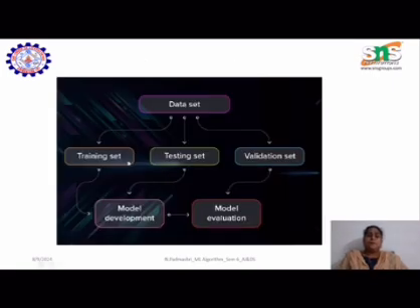For example, here in the picture you can see the data set. We split the data set into the training set, testing set and validation set. By choosing the appropriate algorithm, the machine will train. Then the output is tested to see whether it is appropriate by giving some test values or new values.